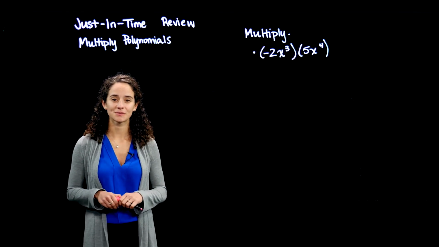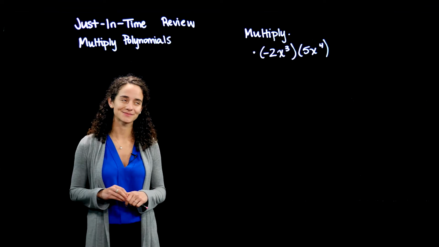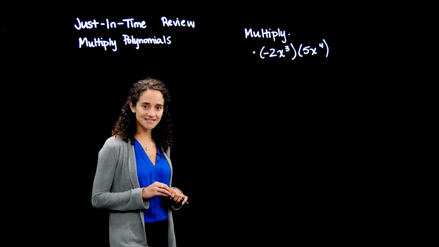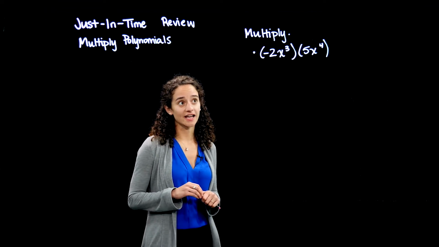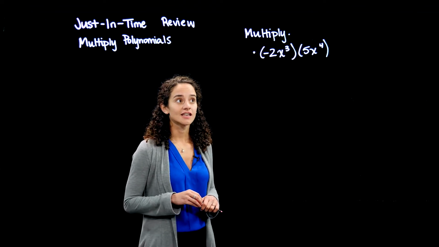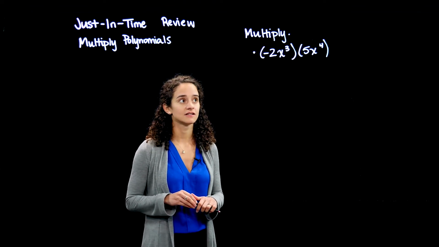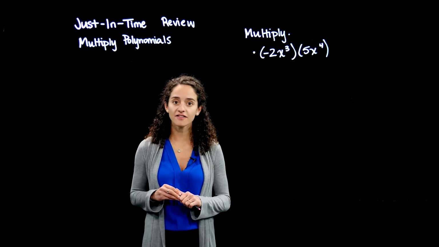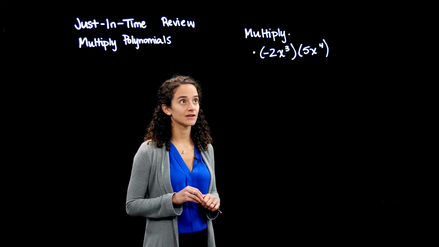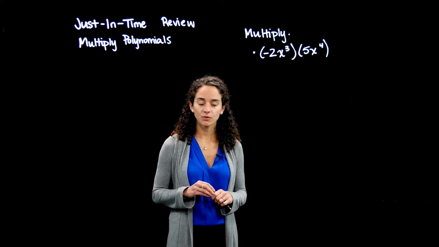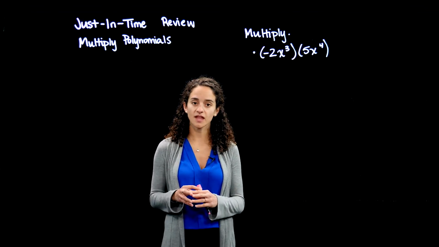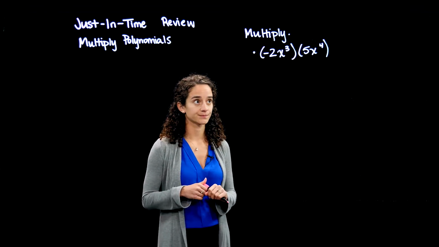Just-in-time review. Multiply polynomials. In this example, we are asked to multiply the quantity -2x cubed times 5x to the fourth. When multiplying monomials, we first multiply their coefficients and then multiply the variables.